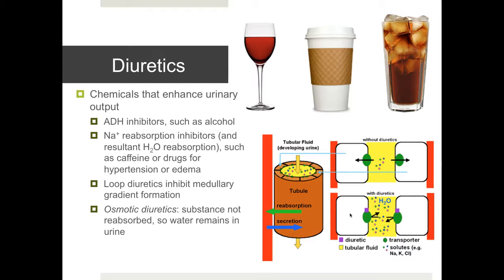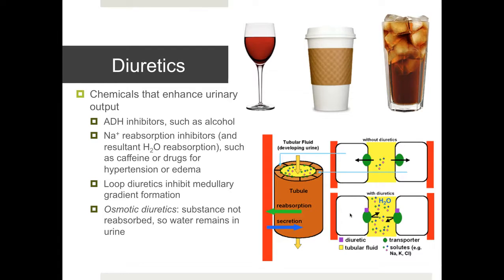ADH, once again, places aquaporins within your DCT and CT, and that allows water to move out of those tubules and into our blood. So if we don't have ADH, we are not able to reabsorb that water.